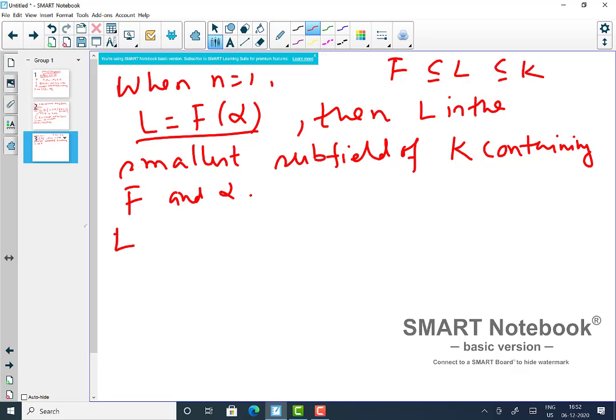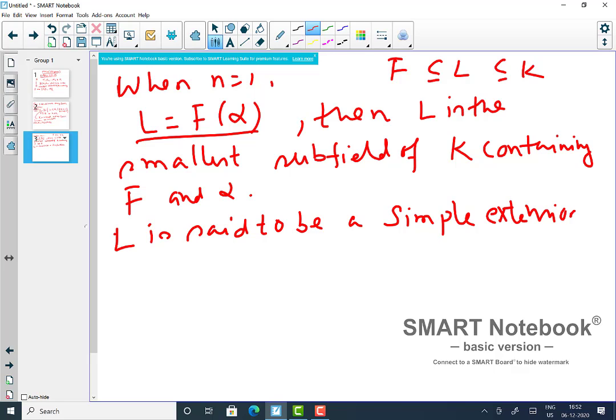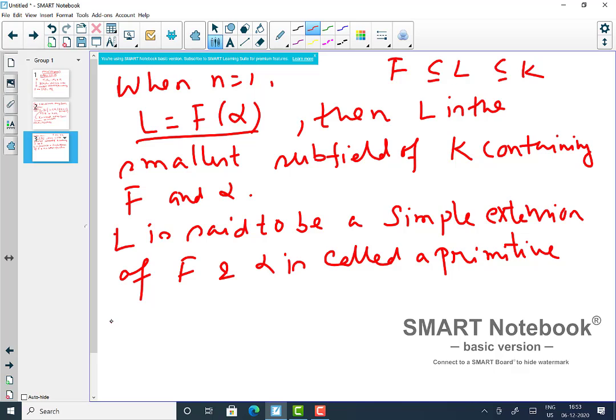So this L is said to be a simple extension of F, and alpha is called a primitive element for K or for L.